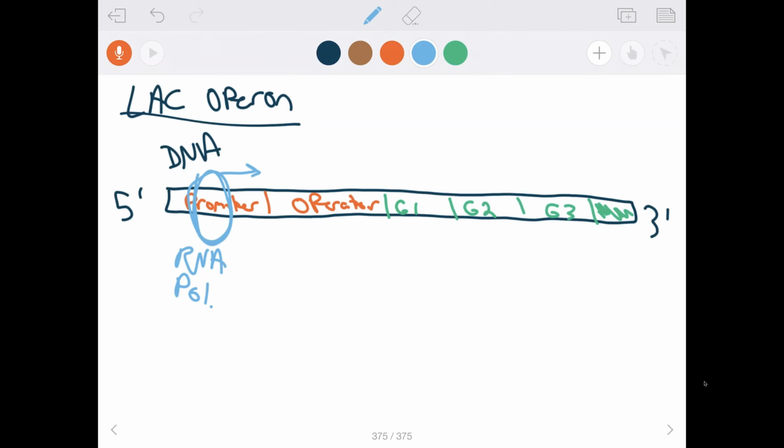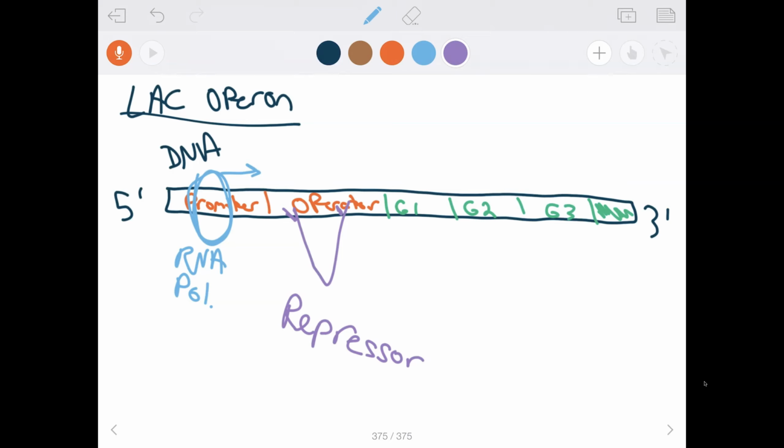And it does so using what we call a repressor protein. The repressor protein attaches to the operator region, and it literally blocks the polymerase from going any further. It can't get past the repressor.